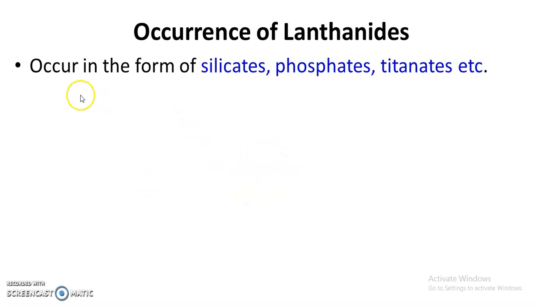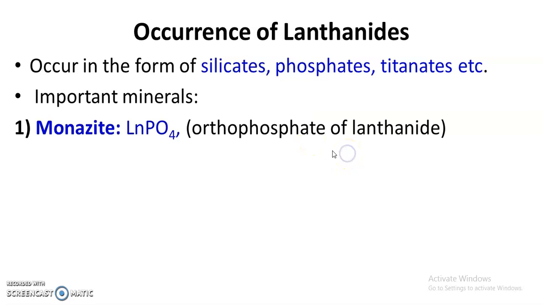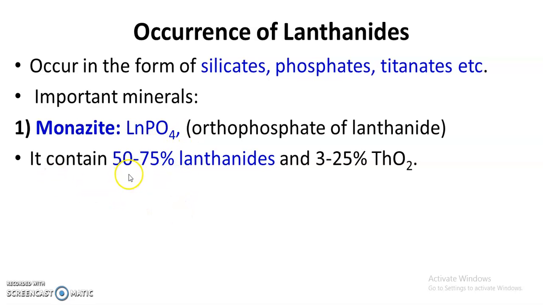They occur in the form of silicates, phosphates, titanates, etc. The important minerals are monazite, which is an orthophosphate of lanthanide, and its general formula is LnPO4. It contains 50 to 75% lanthanides along with 3 to 25% thoria, ThO2.